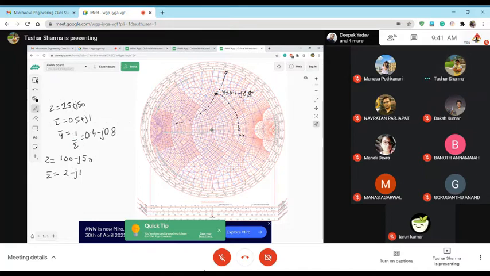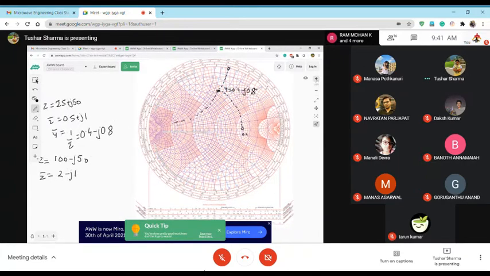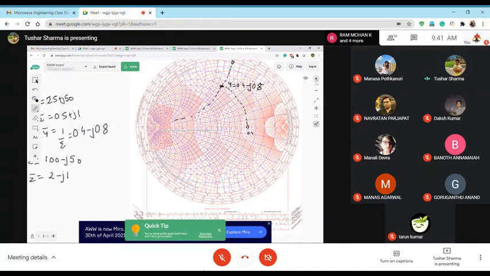So 2, which side? Right side. This is 1.8, this is Z equal to 2. I know it might not be visible properly, but this is Z equal to 1 and Z equal to 2 is here.